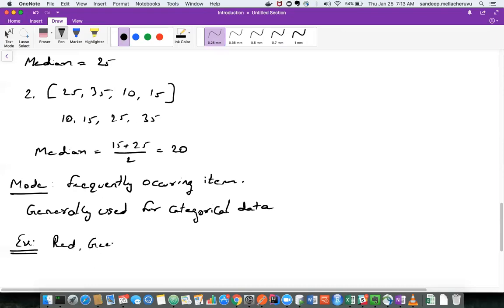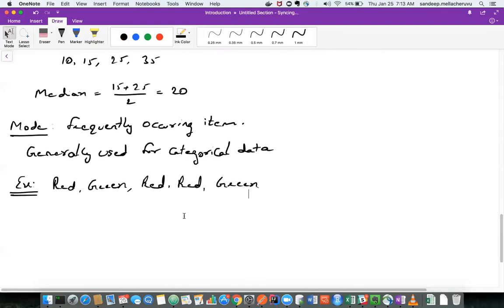Second person, green. The third person again said red, and red again, and maybe green. For simplicity, I'm taking only two different colors, but you can have n number of colors. Now, what is the most common color that people generally like?